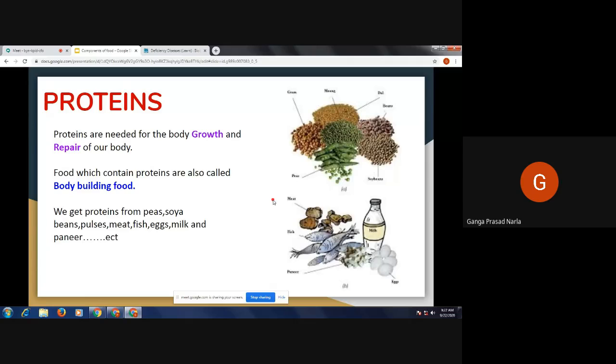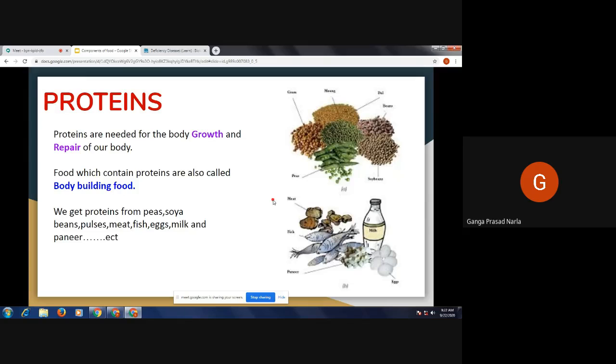Don't unmute yourself, please. The food items which contain proteins in it, those food items are called body building food. Very good, students. Everyone, please mention in the chat box. Body building food, right? Food items which contain proteins are called body building food.